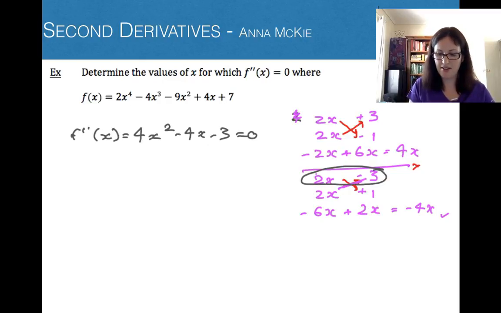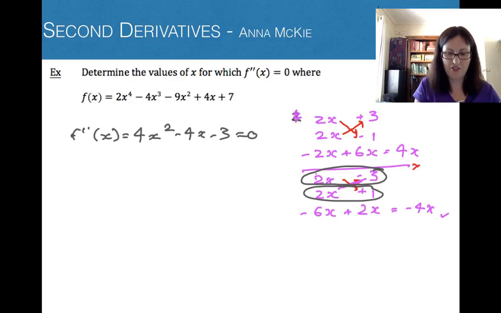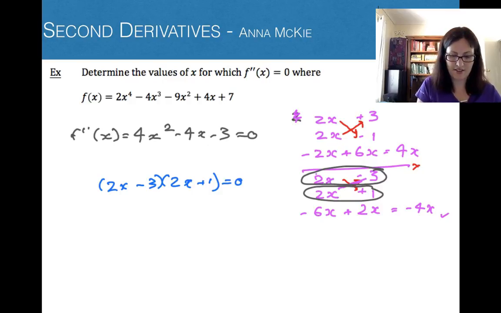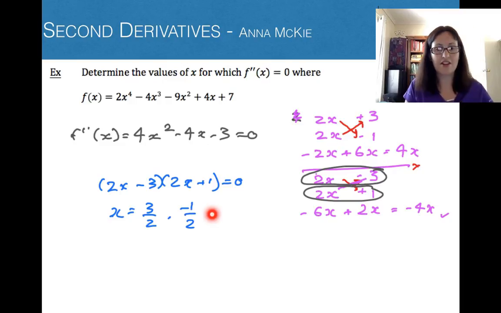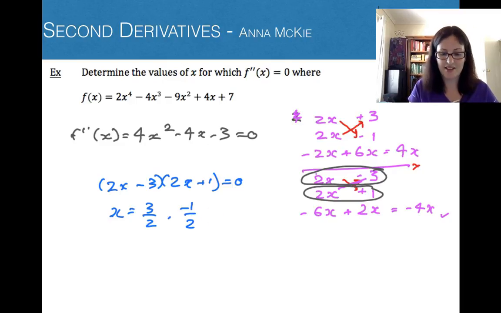That's one bracket, and that's your next bracket. So we have 2x take 3, and 2x add 1 equals 0. Solving for x, we get x is equal to 3 on 2 or negative 1 on 2. So there are two x values for when the second derivative is equal to 0.